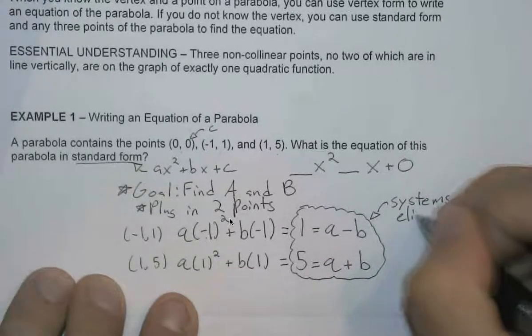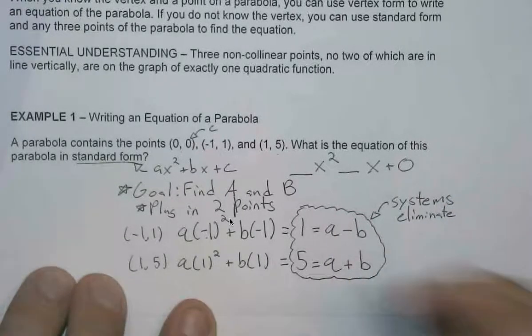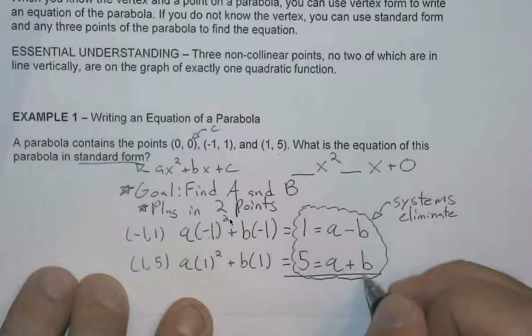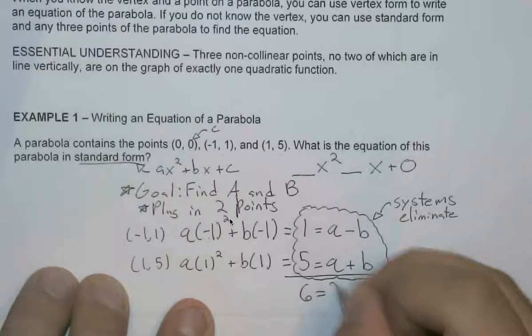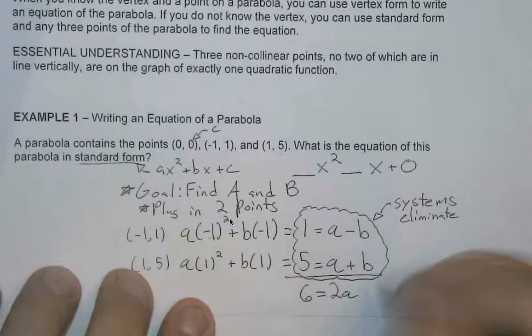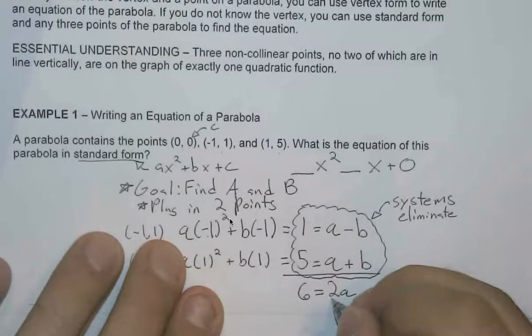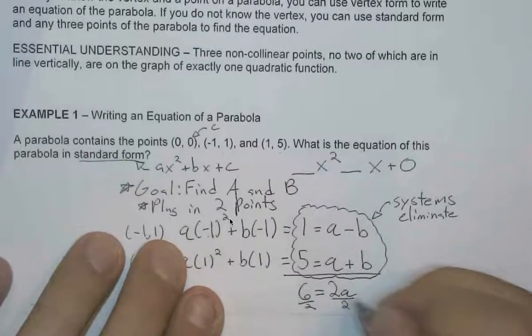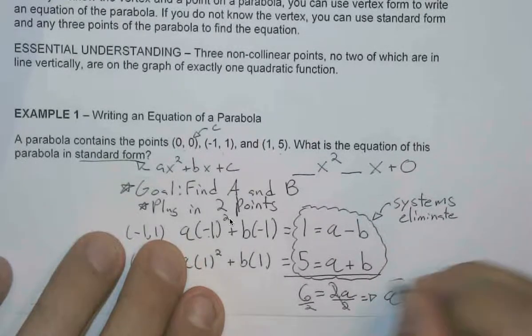So we're going to eliminate. This will eventually leave us with a terms. If we combine everything, 1 and 5 gets us 6, a and a gets us 2a, b's canceled. So this is now going to say 6 equals 2a. If we divide by 2, we know that our a coefficient is definitely going to be 3.